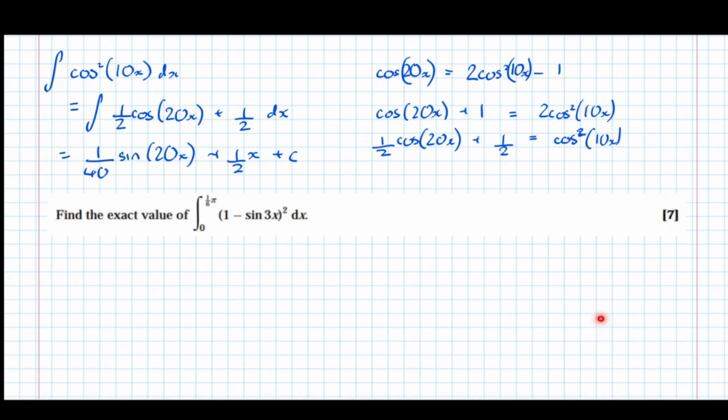So this question here is a good one to go through. It says find the exact value of the integral between pi over 6 and 0 of that. The first thing I'm going to do here is expand the brackets, which will hopefully make things a little bit easier. So let's just expand it here, make sure we miss no terms. 1 minus sine of 3x, 1 minus sine of 3x equals 1 minus 2 sine of 3x plus sine squared of 3x.